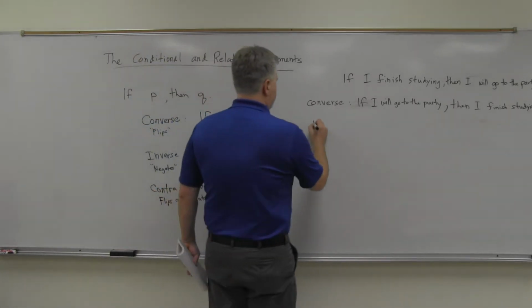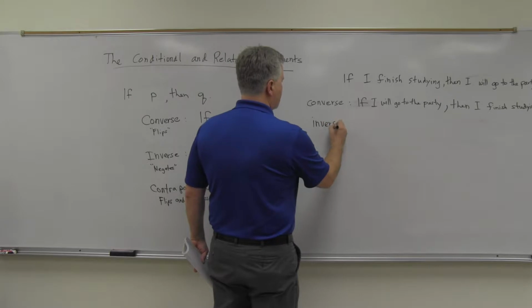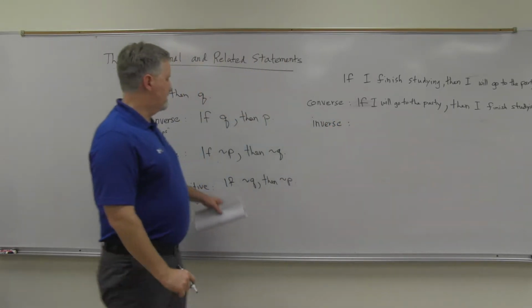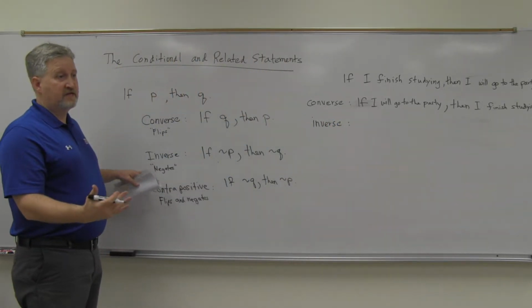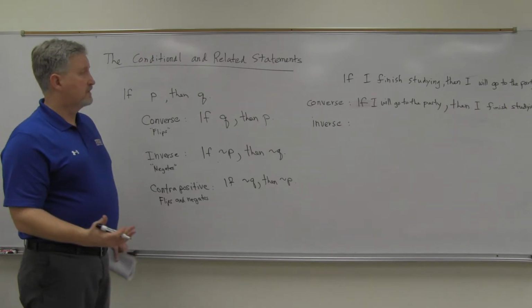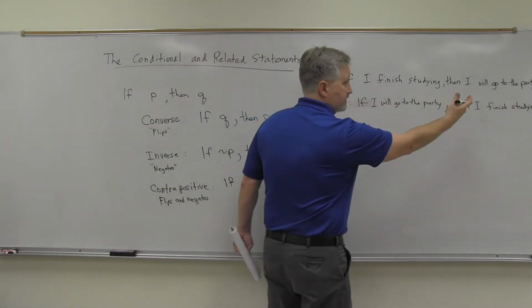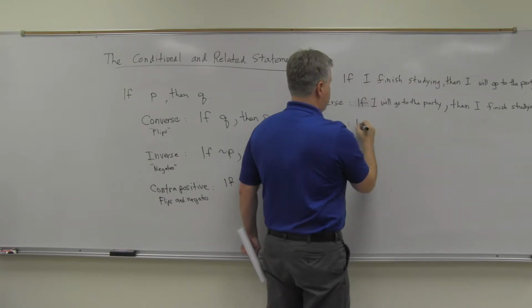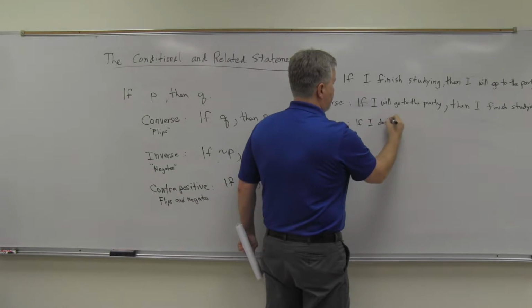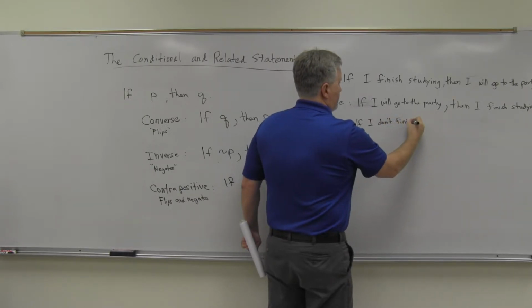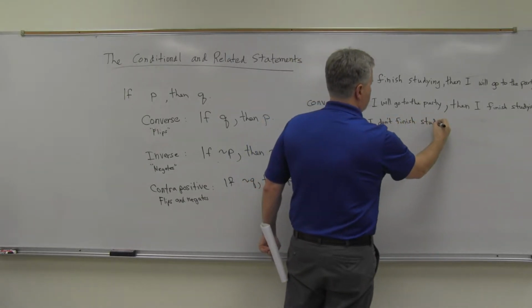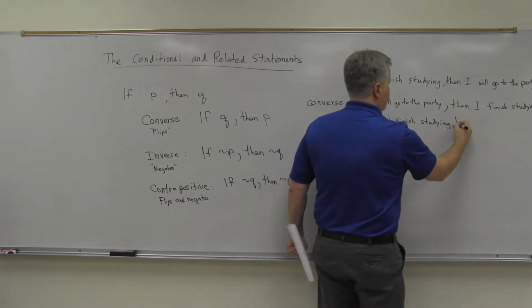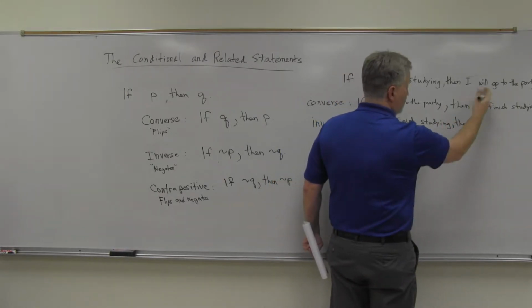The inverse, what would the inverse be? Well, the inverse negates them. Doesn't flip them around, just negates them. So I'm going to leave them in the same order, but negate them. So if I do not finish studying, or if I don't finish studying, then I won't go to the party.